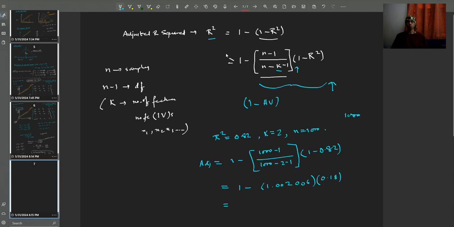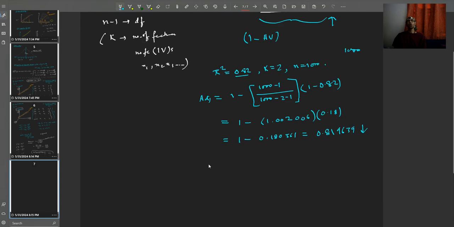This translates to 1 minus 0.180361. This is equal to 0.81964, or 0.81963 to be precise. So you can see, compared to this, there is a little bit of a decline, and the more the value of k is, the more will be the impact, right? So that's how adjusted R squared works.